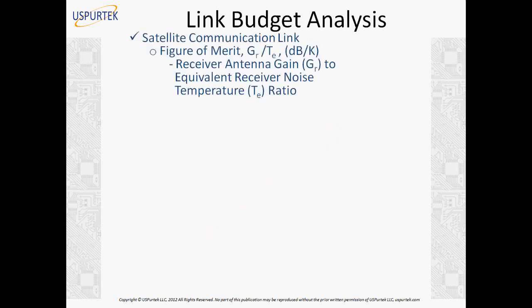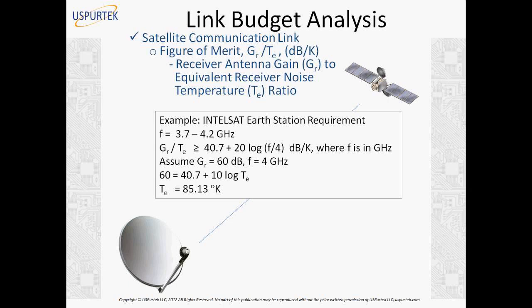As an example, let's look at this example. What does it tell us? We have a frequency range of 3.7 to 4.2 gigahertz, and our requirement is that. Let's assume that our receiver gain is 60 dB and frequency is 4 gigahertz. We arrive at a temperature of 85.13 degrees K. Now what does it tell you?